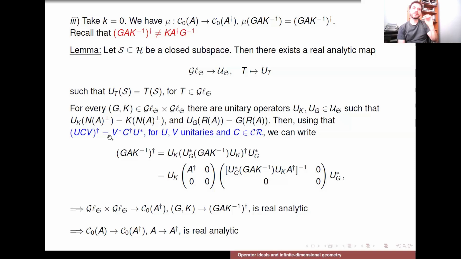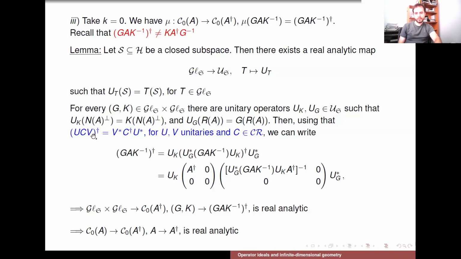Recall the property of Bolding, the characterization of when one can write the Moore-Penrose inverse of a product as a product of two Moore-Penrose inverses. In that property some adjoints appear, so that property holds for unitary operators.